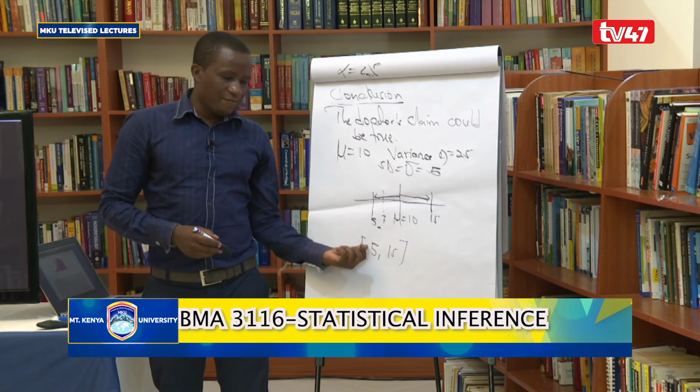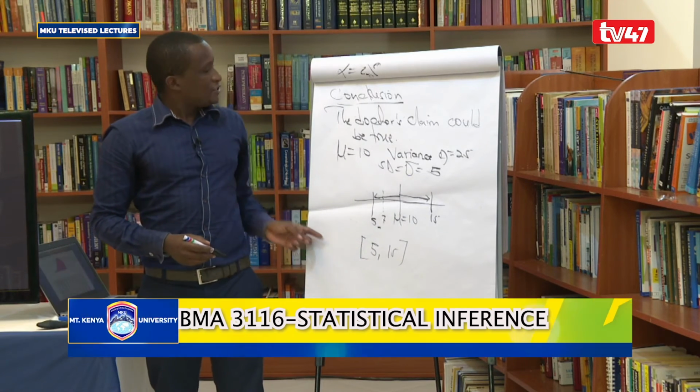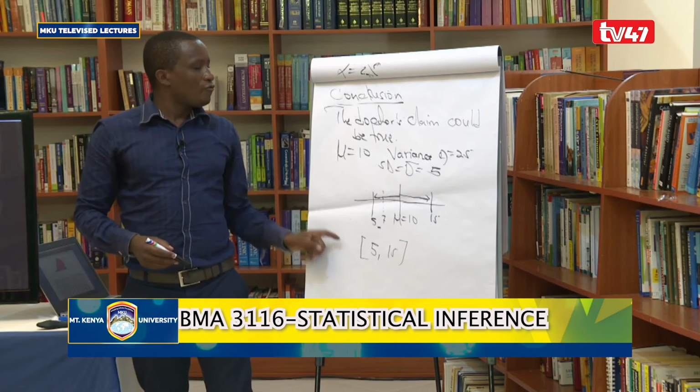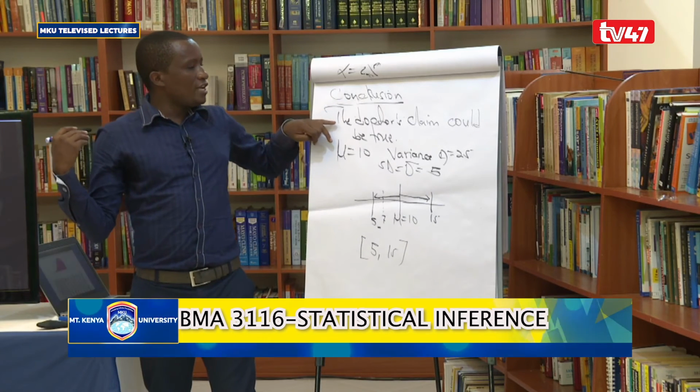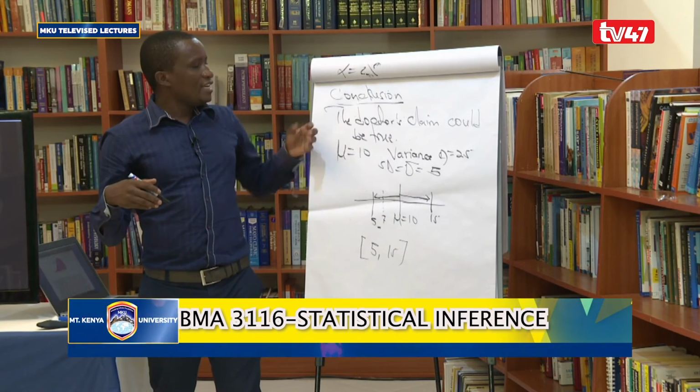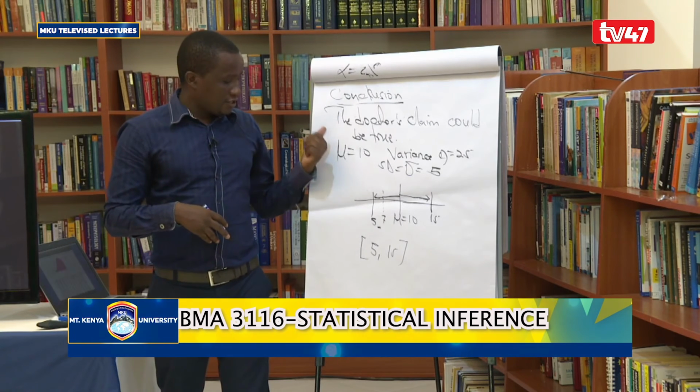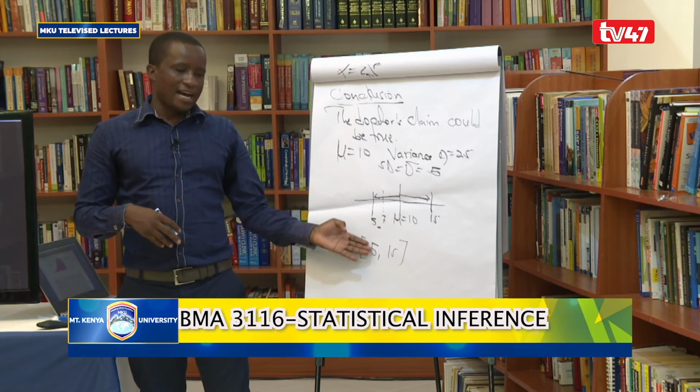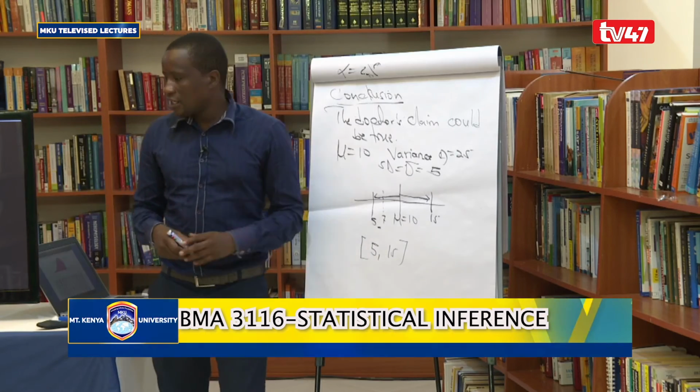And therefore, 7 being in this interval, it is okay, and we can see that it conforms to the statistical inference test we have carried out, that the doctor's claim is true. In fact, 7 is way above the lower limit of this interval.